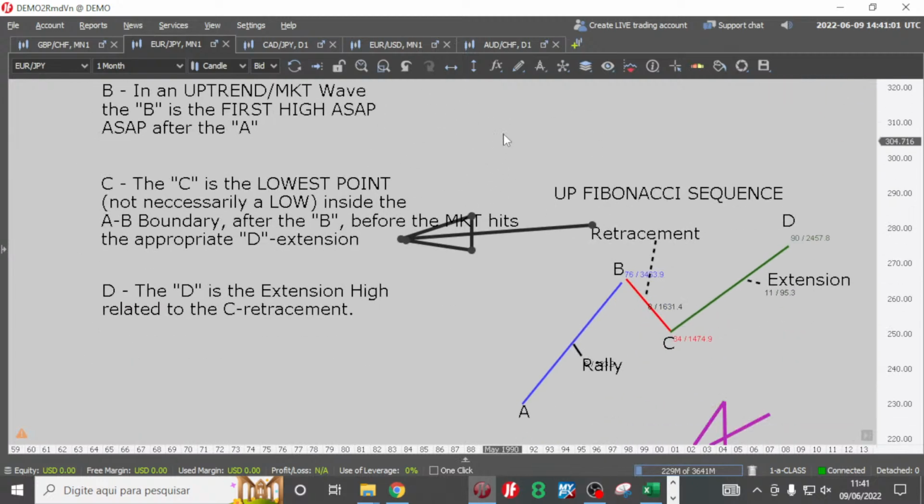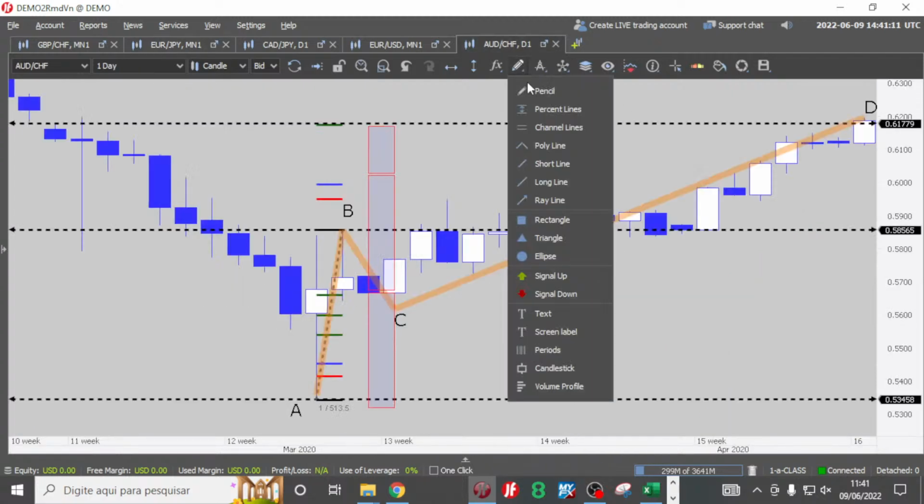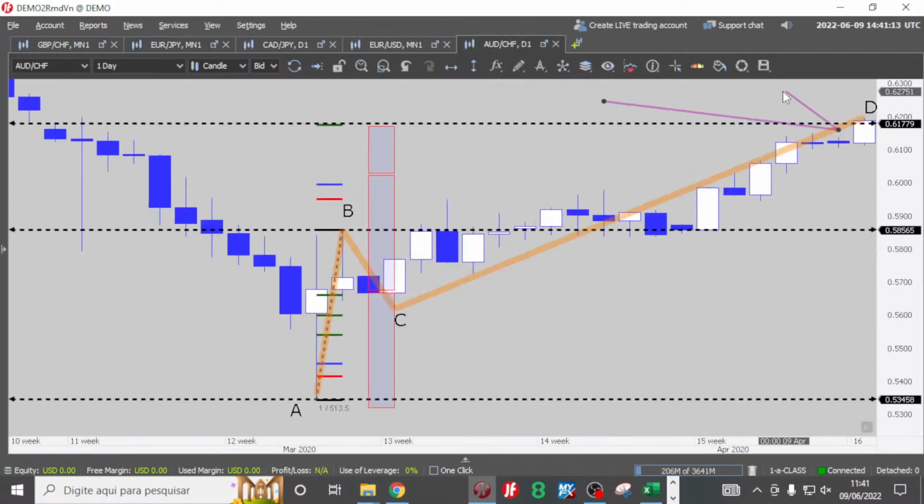Let's see if you are learning well. The D is the extension high related to the C retracement. Is this a high, everybody? Is this white candle a high to you?